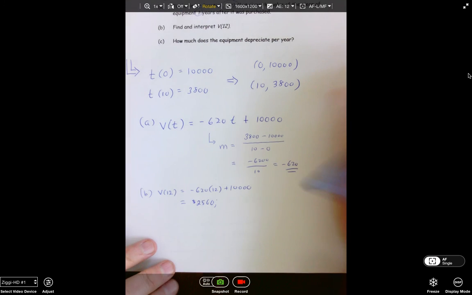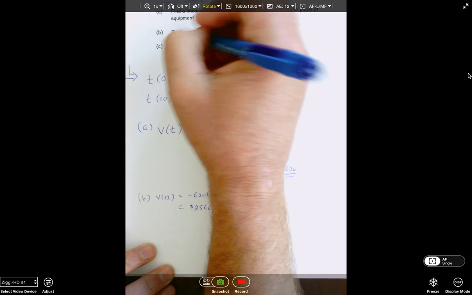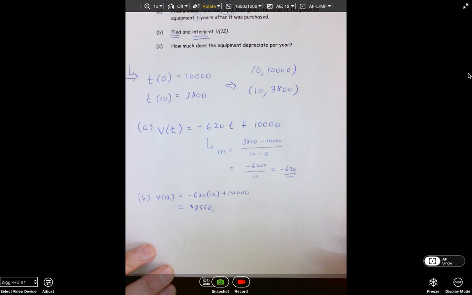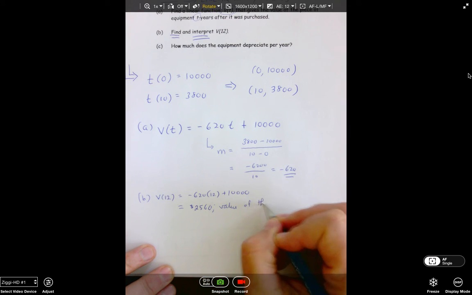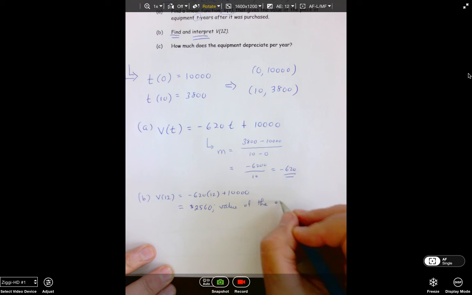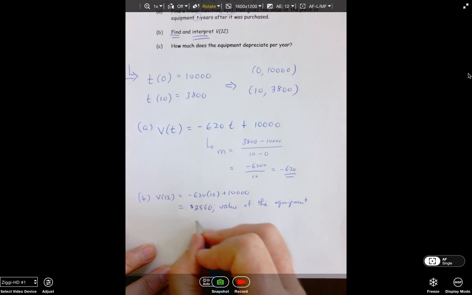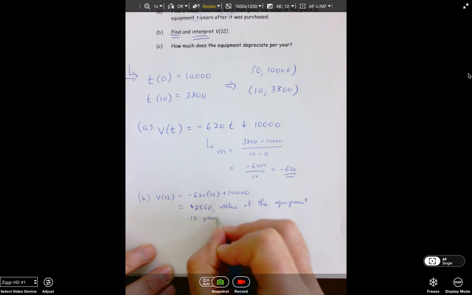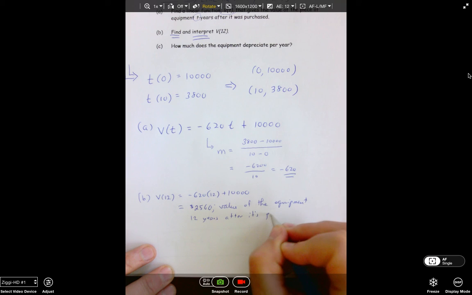So we've done part of that. It said find, well, we did. We found it. And now we want to interpret it. And this is the value of the equipment 12 years after it's purchased.